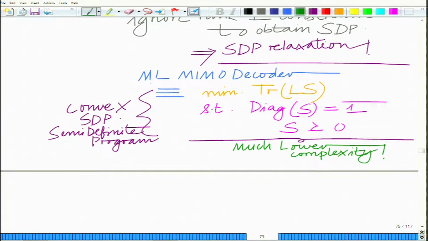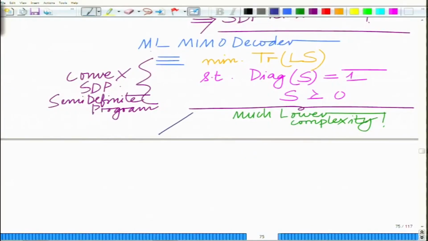The only thing is, it yields an approximate solution, of course. It is a solution that is actually shown to be very close to the optimal ML solution.